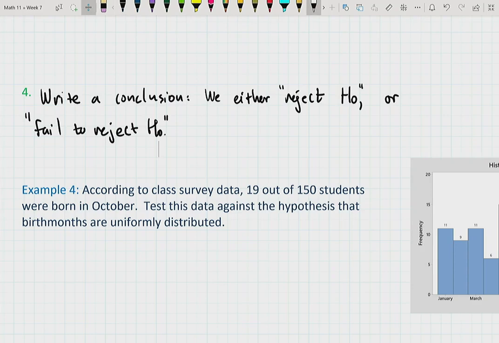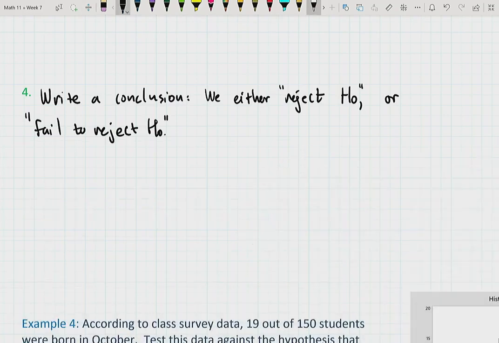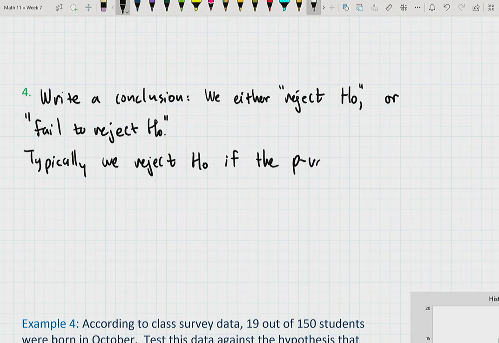and typically, how do we know whether to reject it? It'll mostly vary case to case, but here's a typical circumstance. Typically, we reject H0, the null hypothesis, if the p-value falls below our alpha threshold, below our significance level.